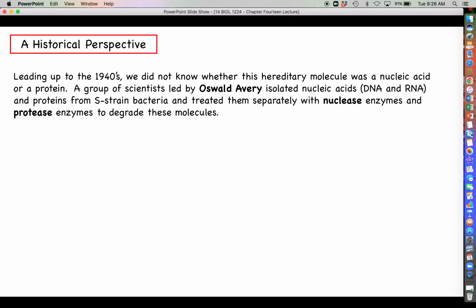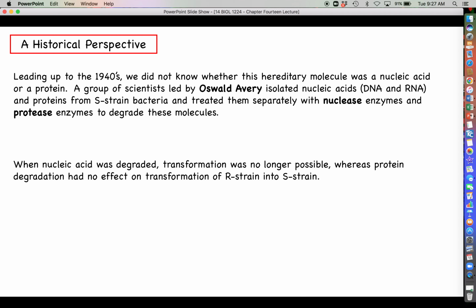So he took these two fractions and treated them separately with enzymes that will degrade them and break them down. So nuclease enzymes will chop up and degrade the DNA and RNA. Protease enzymes will chop up and degrade the protein. So when he chopped up and degraded the nucleic acid, he found that transformation was no longer possible, meaning that if he exposed R strain cells to degraded nucleic acid, they could not be transformed and they could not go on to kill any mice.